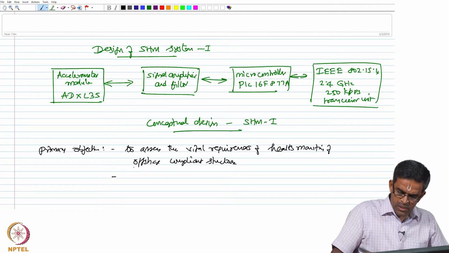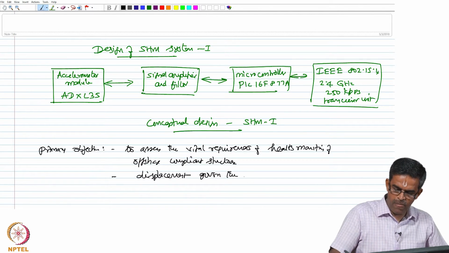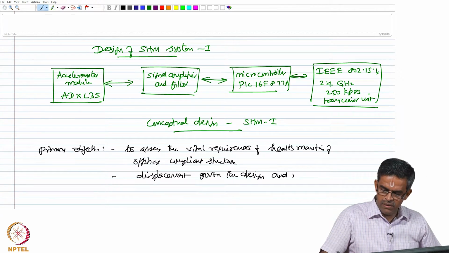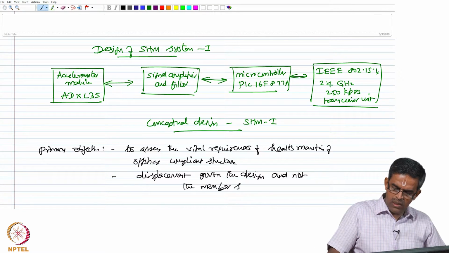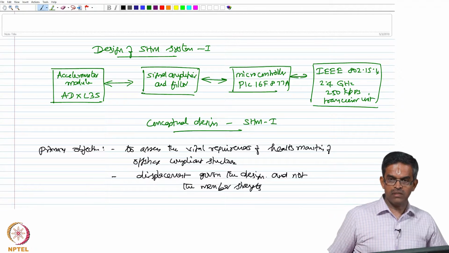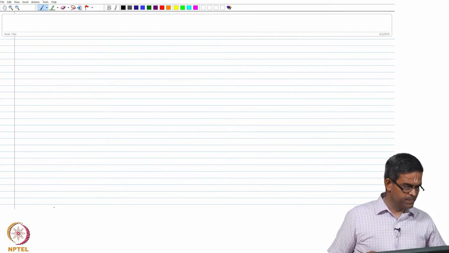The beauty about this is displacements govern the design and not the member strength. Displacement govern the design because they undergo large displacement and not the member strength. So, one is not interested physically to measure the stress and strain on the members caused because of accidental loads, but one is now interested in rigid body motion in various degrees of freedom exercised on the model when wave is acting upon the model.